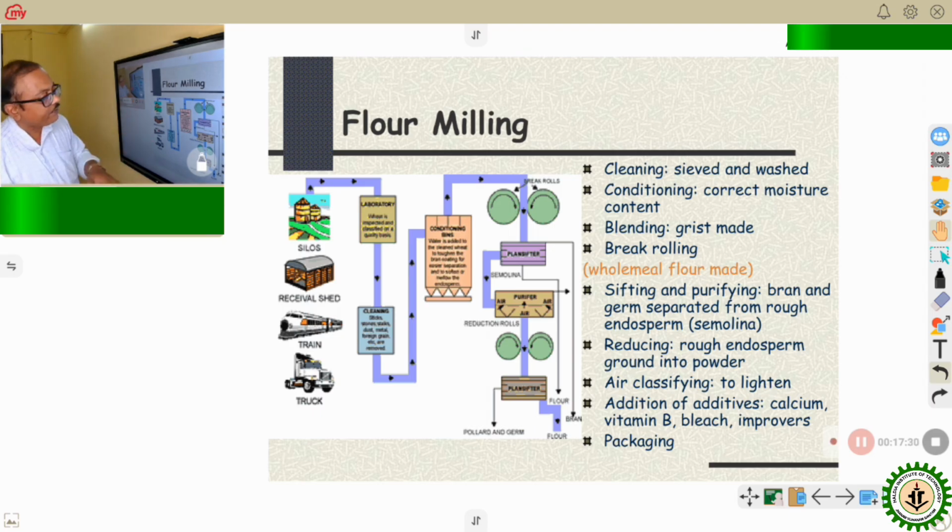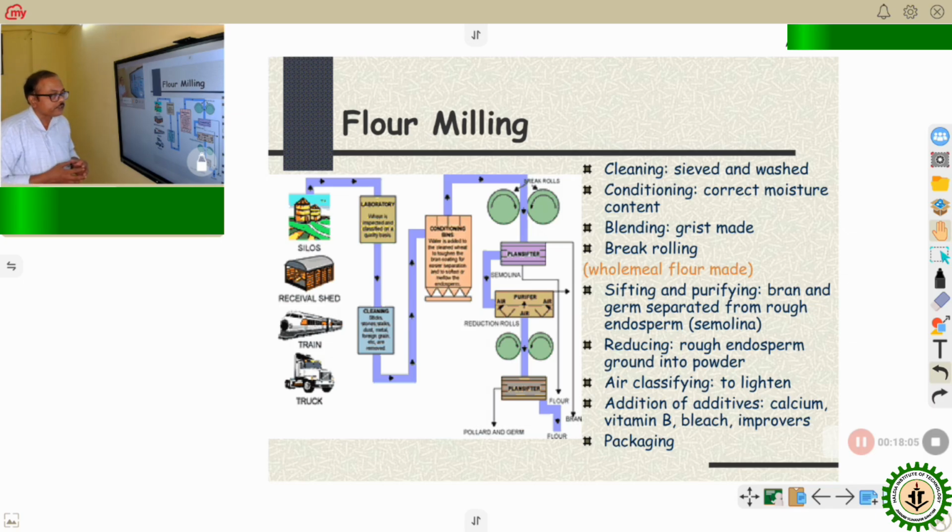Then the next step is the blending operation. The desired protein content is important mostly for the bakers who purchase the flour. So protein content can be adjusted by mixing two or three different wheat varieties having varying protein contents. For example, a baker requires flour with 11% protein content, and the raw material wheat varieties are one having 9% protein and another having 13% protein.